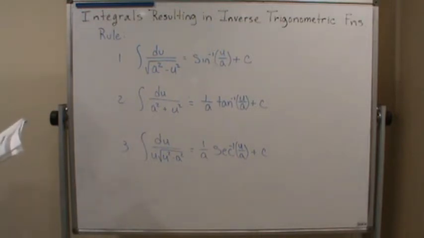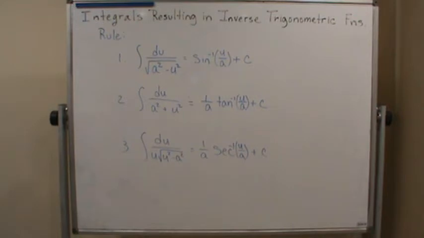It's going to make things a lot easier if you just memorize them. So again, make sure that you consider the restrictions. Also, make sure you understand the derivatives of inverse functions.